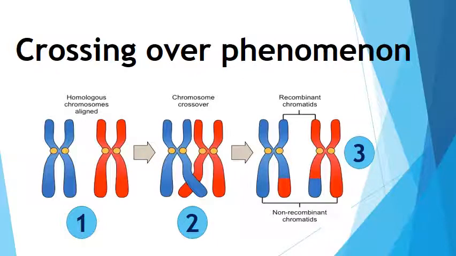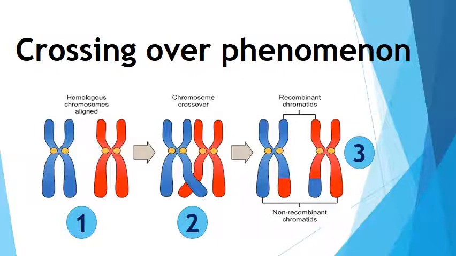So we need crossing over phenomena to make variation of genetic traits among the members of the same species, so everyone has their own shape, like their parent. Okay.